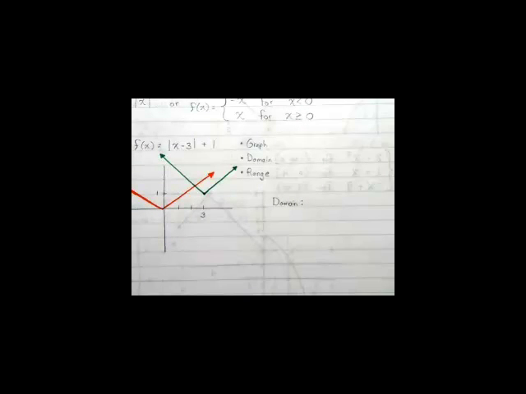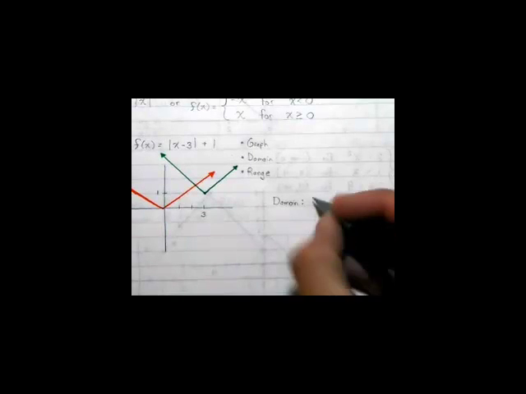Okay, now the domain. This is true of any absolute value function. Whether you've stretched it, shrunk it, translated it up, down, left, right, what should the domain always be? What numbers are okay to plug into an absolute value no matter what? It's all real numbers, negative infinity to infinity. Yep, all of them.